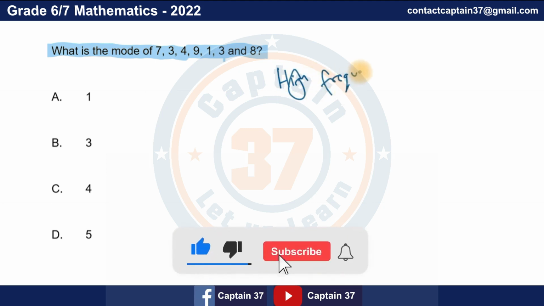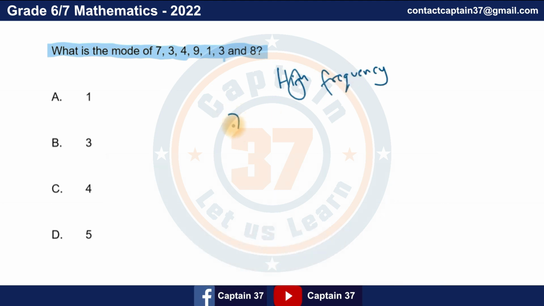This means that it is the number that appears the most. So there is 7, there is 3, there is 4, there is 9, there is 1, there is 3, and 8. Which number here appears more than once?